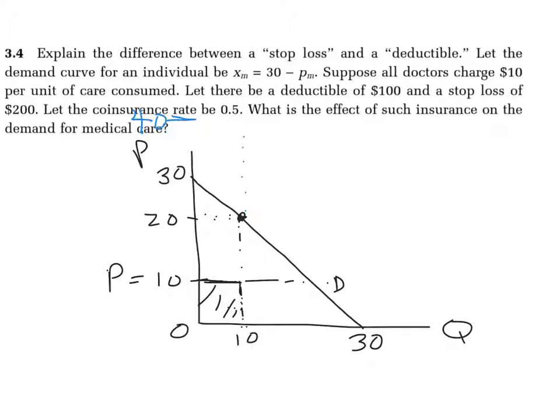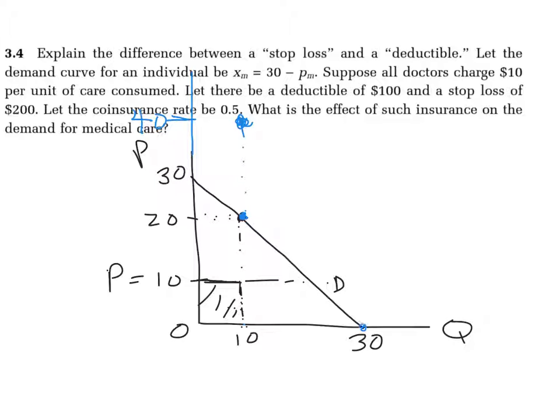So we know that a point on the demand curve, now that insurance has kicked in, is that blue point where the quantity is 10 and the marginal value is 40. The market price could be 40. The marginal valuation comes from the individual's valuation. That's 20, and that's the amount the person pays with the coinsurance.